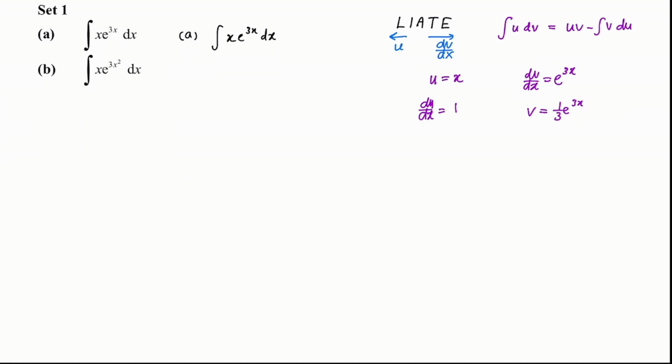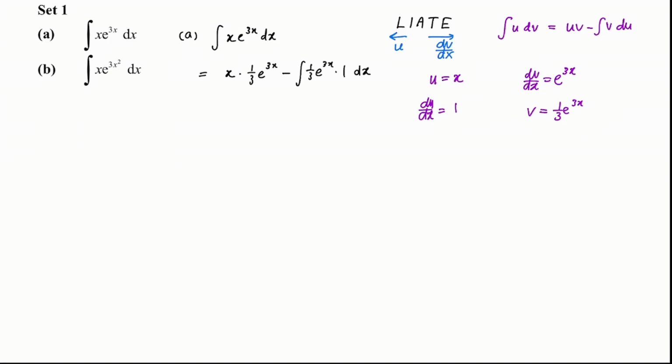So let's take a look at our u and v. For the next step we will have x times 1/3 of e to the power of 3x, minus v du, so minus 1/3 of e to the power of 3x times 1 dx.